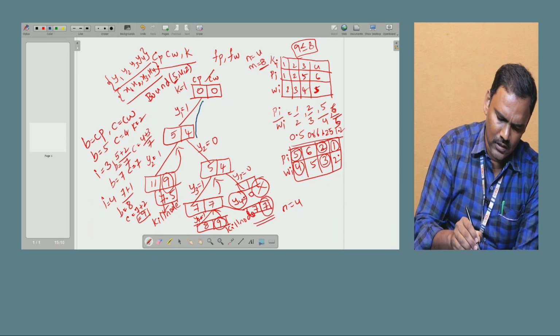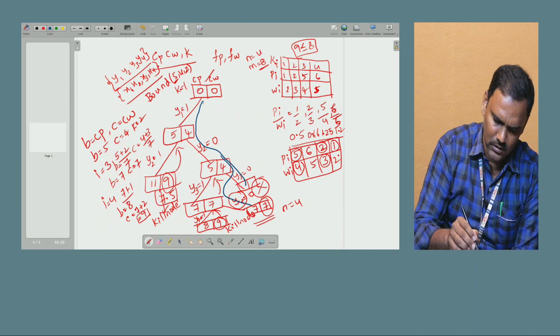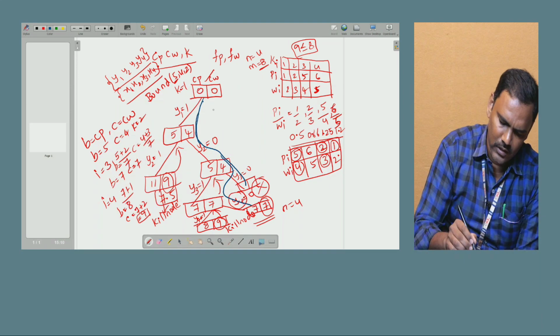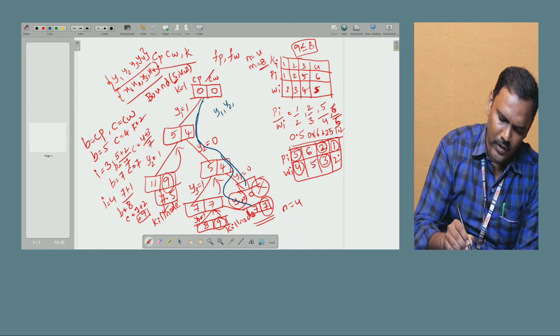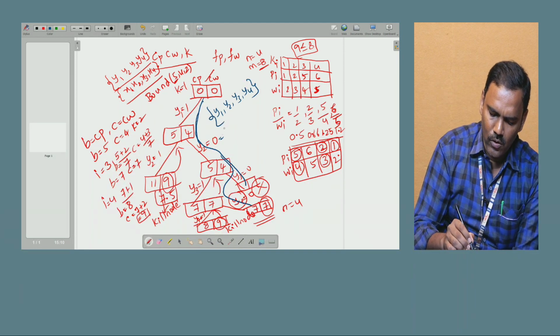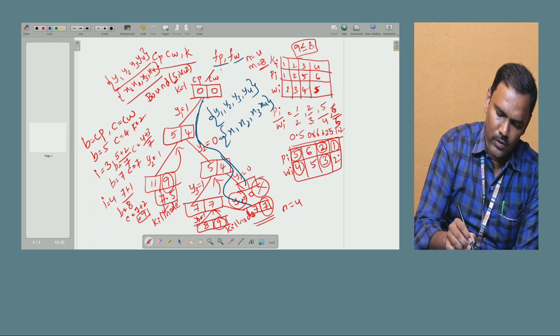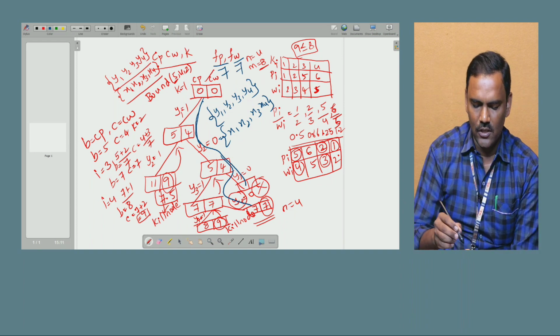If you see here, this is the tree what you got. That means the y1, y2, y3 and y4 objects are going to be copied into x1, x2, x3, x4, and the final profit is going to be copied here. The final profit and final sum is 7, 7.